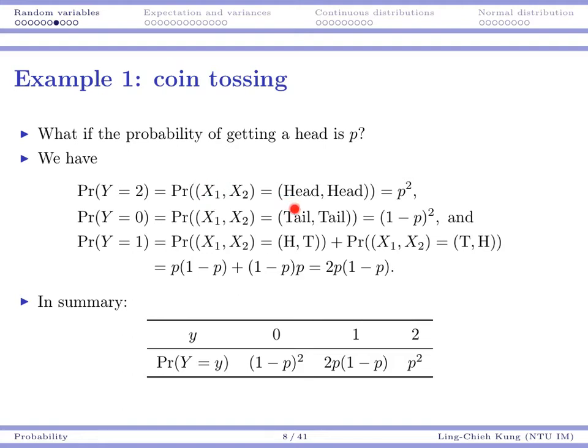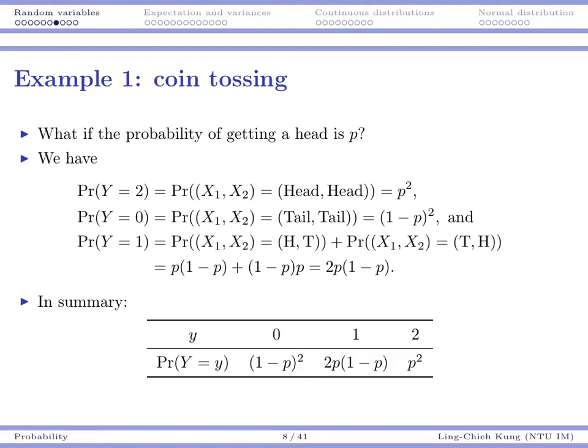So x1 must be head and x2 must be head. In that case, I need p times p as my probability, because for each coin, the probability of getting a head is p. Okay, so two coins, that's p squared. For y equals 0, the probability is (1 minus p) squared, because for each coin, the probability of getting a tail is 1 minus p.